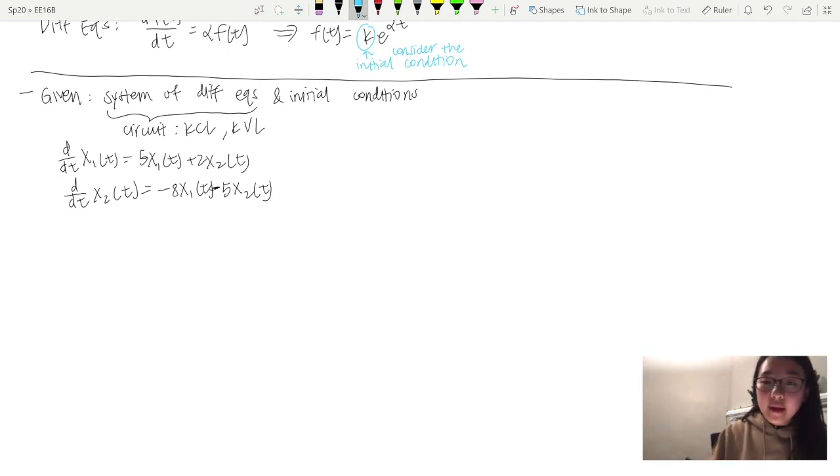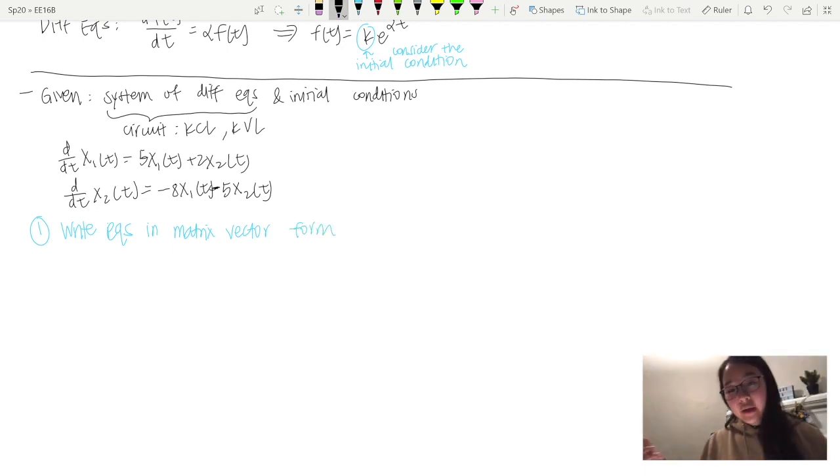So the first step you want to do is write the equations in matrix vector form. This is similar to when you're learning Gaussian elimination, you just want to represent the system. Just pretend there are no dt's, no differentials yet, and present it in matrix vector form.